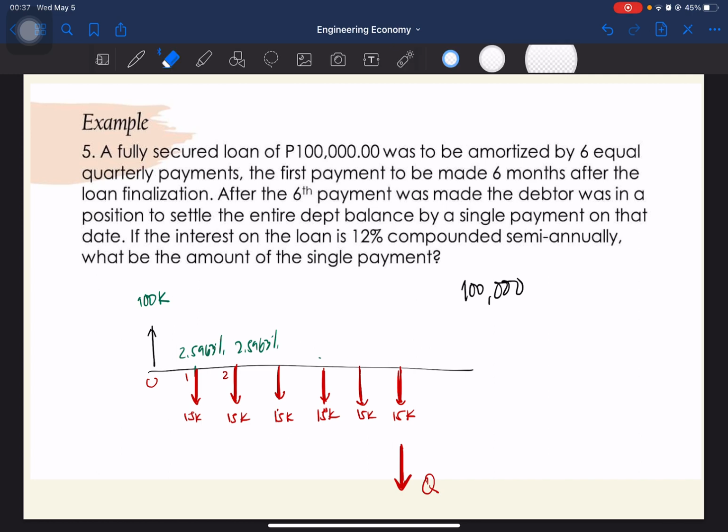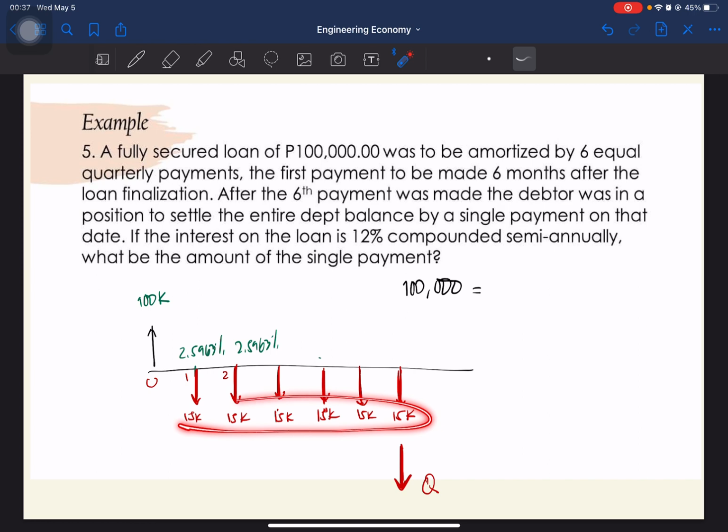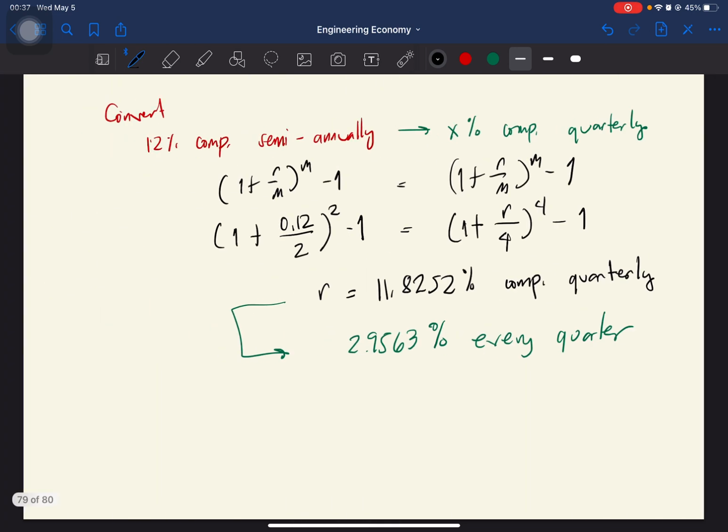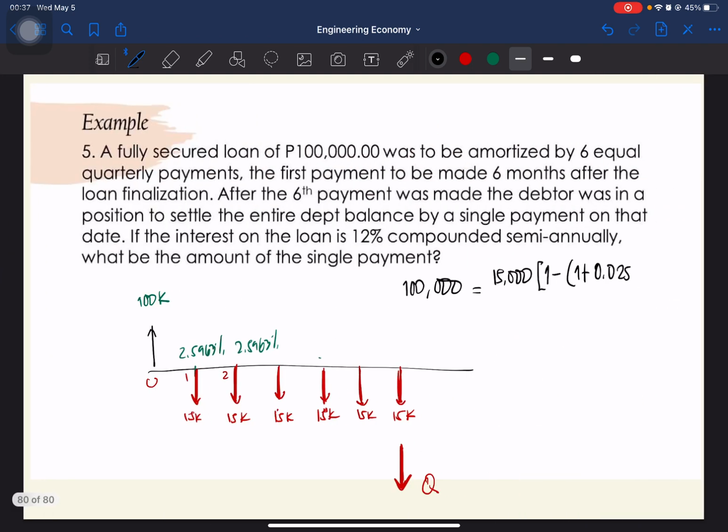Okay? So, ayun nga, 100,000 equals, ano yung present worth nitong mga to? So, that's 15,000 times 1 minus 1 plus i, yung i natin is 0.029563, tama ba?